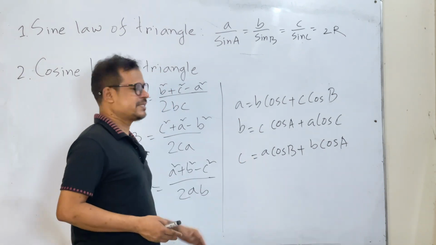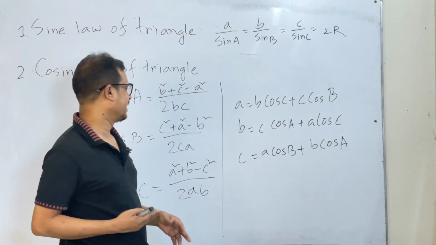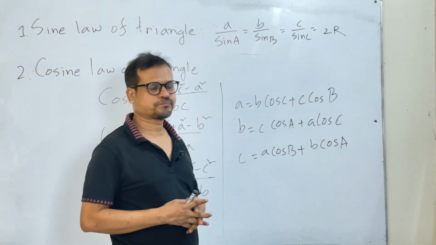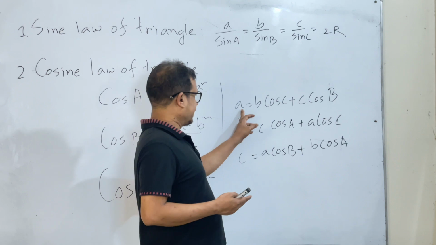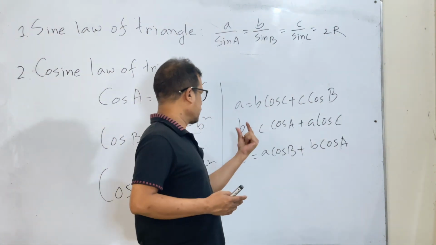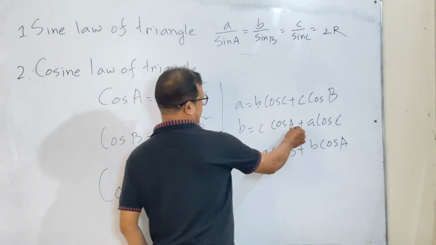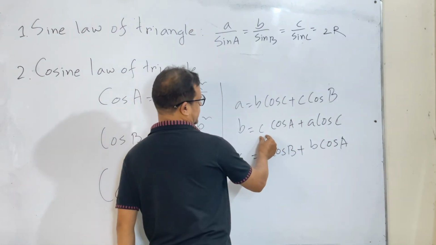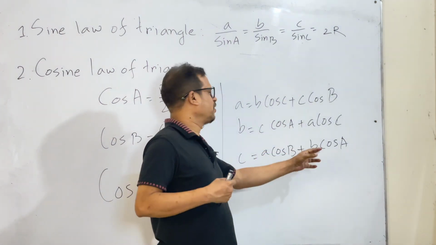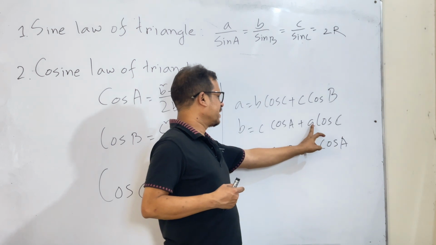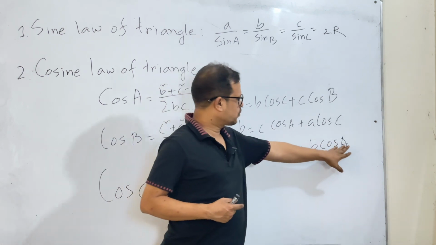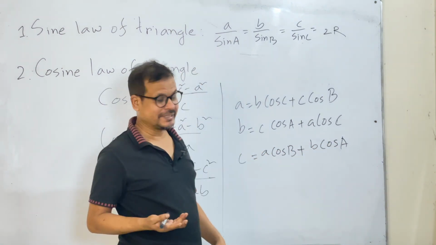Here a, b, c are the edges of the triangle, and capital A, B, C are the angles. For a, just think of b and c, cos B and cos C; there is no a. For b, angle A and angle C. For c, then cos A plus a cos B; for c there is no c, just a and b related.